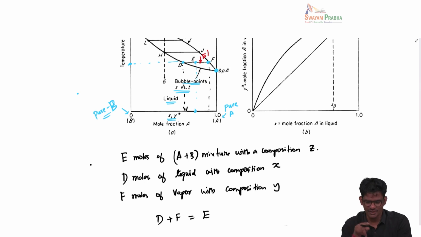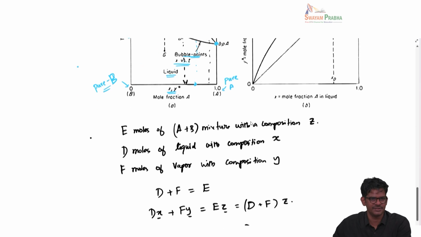Composition remains the same because they all lie on the same tie line, but the relative amounts of vapor and liquid will be different because I've changed the line proportions of E prime F versus D E prime. Okay, so any composition you take on this tie line will give you the same composition of the liquid and vapor. However, the relative amounts of vapor and liquid will be different, and you can obtain that based on this lever rule or simple mass balance here.